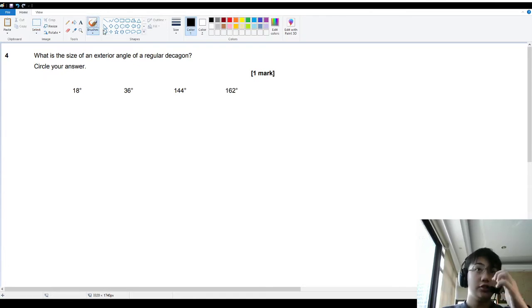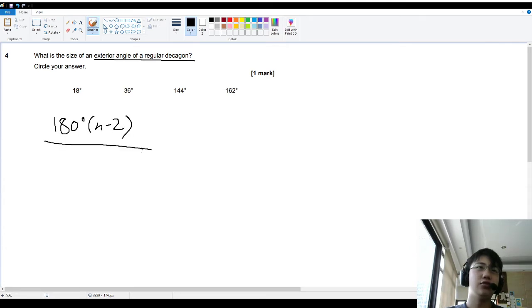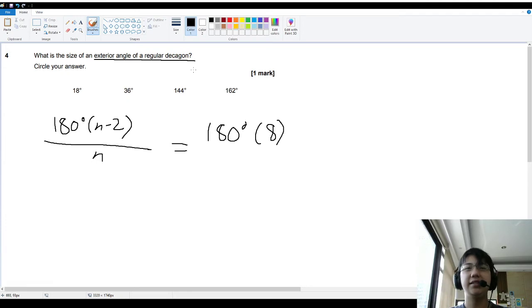So first of all, to calculate the exterior angle of a regular decagon, we need to calculate the size of an interior angle of a regular decagon, which can be given by the equation 180 degrees times n minus 2 over n, which equals 180 degrees times 8, as a decagon has 10 sides, so 10 minus 2 is 8, and we divide that by 10.